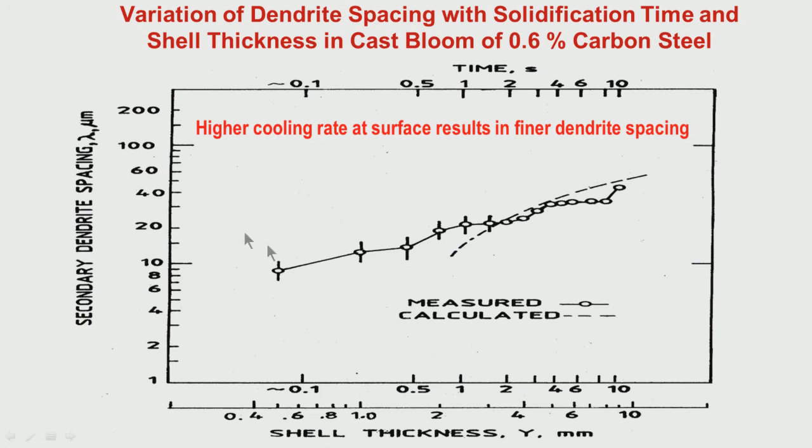You have relatively finer dendrites at the surface, and as you go inside you have relatively coarse dendrites. This is because of heat transfer only. Heat transfer at the surface is more, that is why you have a higher cooling rate and finer dendrites. Inside, heat transfer is decreasing, so you have coarser dendrites.